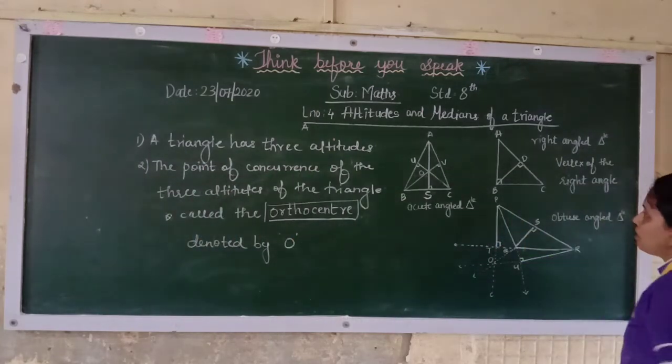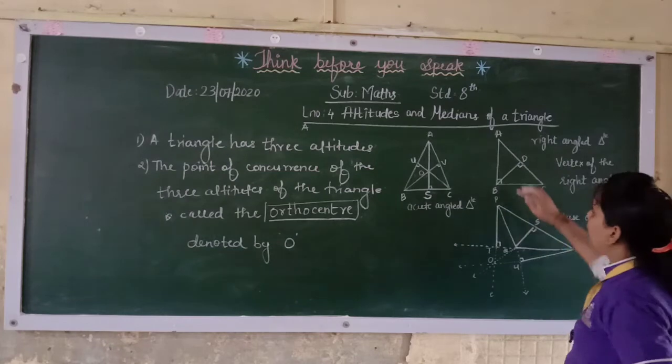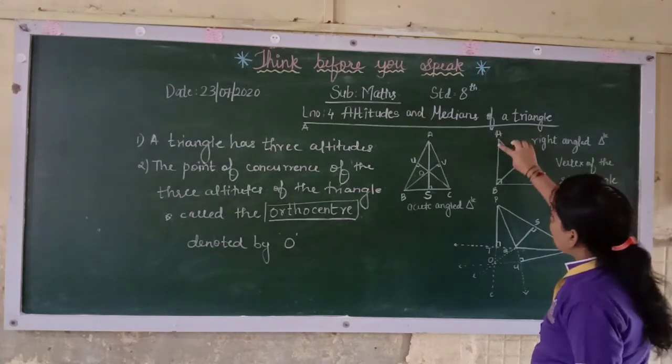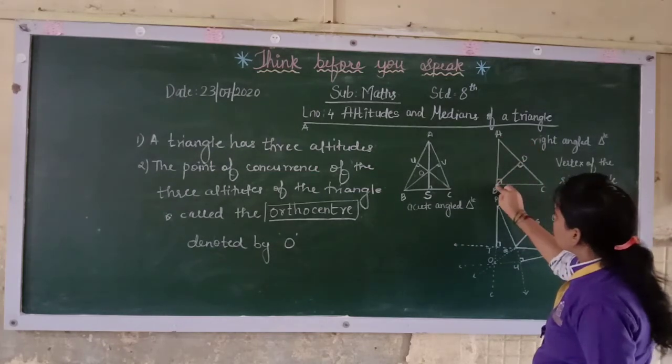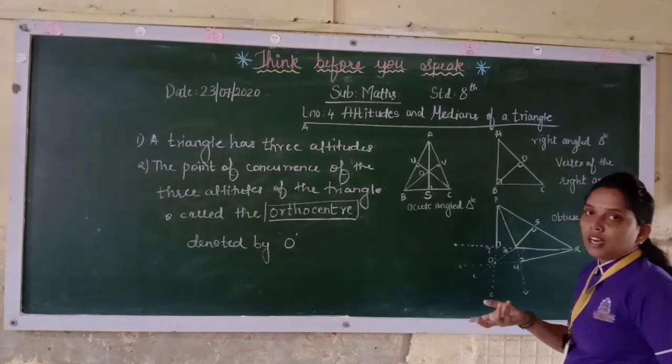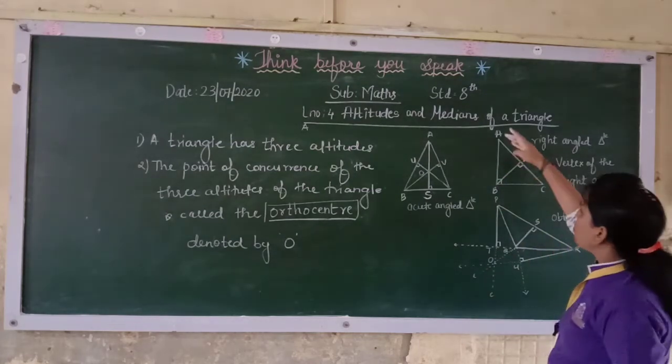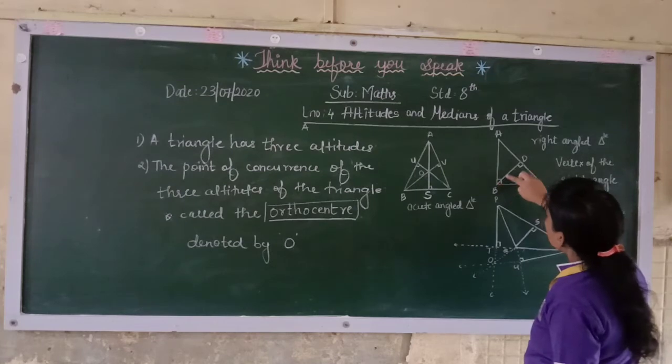If you find over here the altitudes of right angle triangle, see for this side this is only the altitude, here also this is only the altitude because these are the heights, that is the altitudes. For this one we can draw from here.